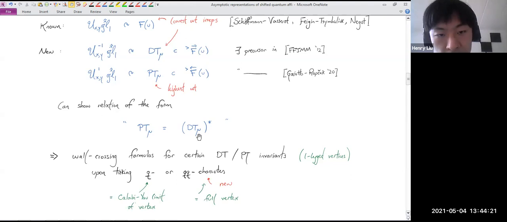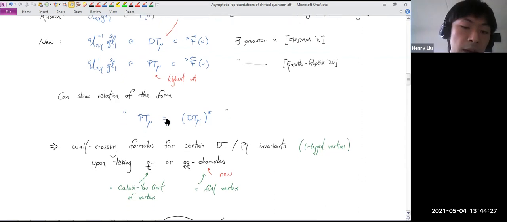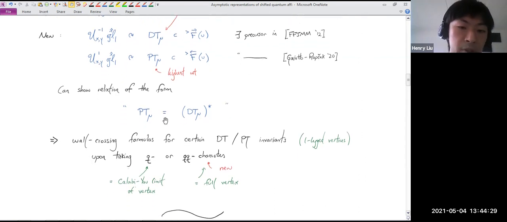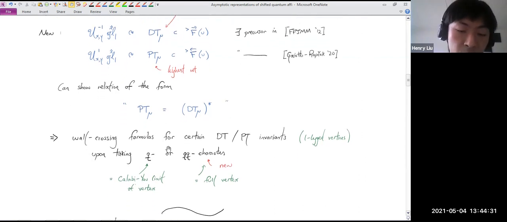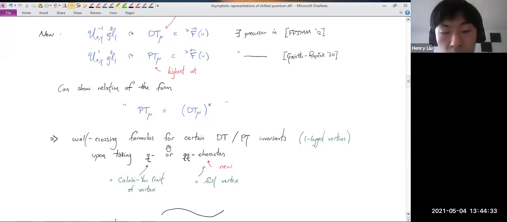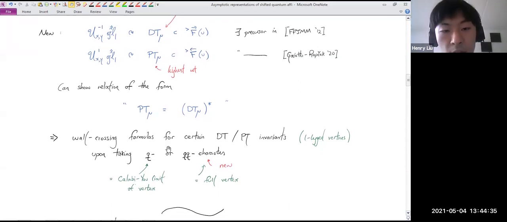So if we take this relation in between the DT and PT modules, and you take Q or QQ characters of it, so Q and QQ characters are like the quantized analogs of classical characters for Lie algebras, you'll recover exactly this power series I mentioned earlier, which is called the vertex.